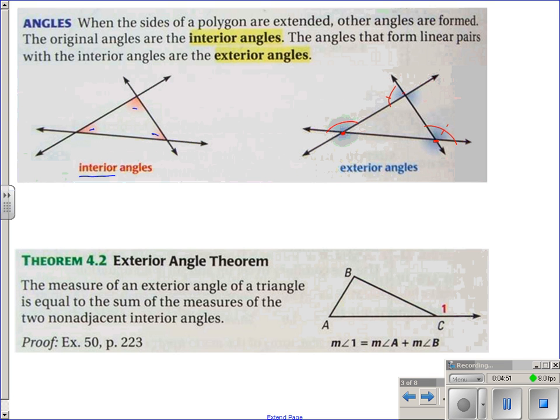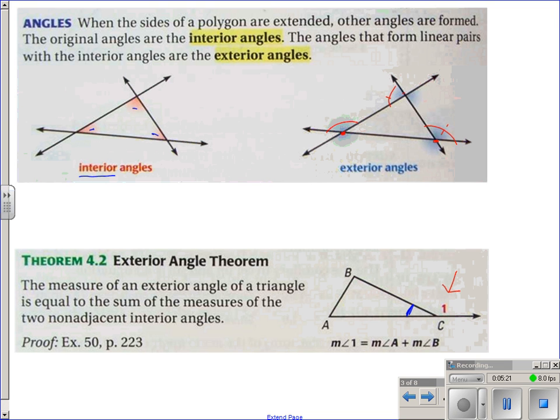All right. Theorem 4.2 says that exterior angle, the measure of it, is equal to the sum of the two non-adjacent interior angles. All right, adjacent angles are the ones right next to each other. So if we're looking at angle 1 in this picture, that's the exterior angle. The angle that is adjacent to it is this one in blue.